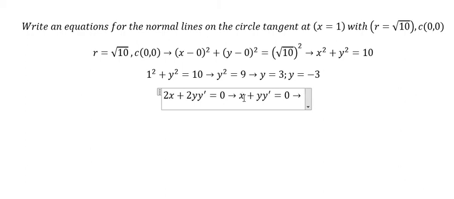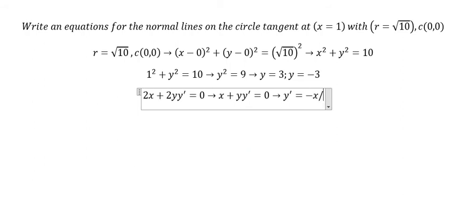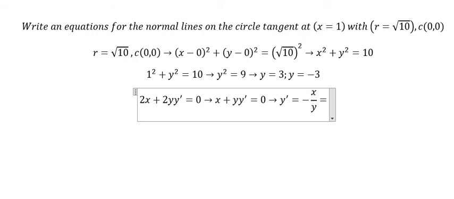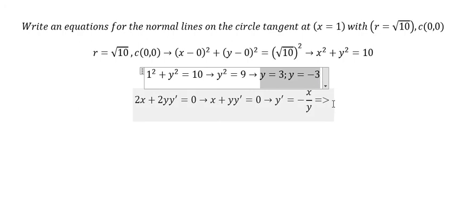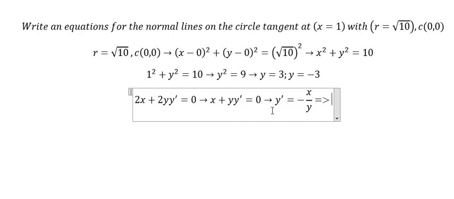Later, we put x on the right and we divide both sides by y. So in this situation, we have two values of y, so we will calculate two values of the first derivative of the function.